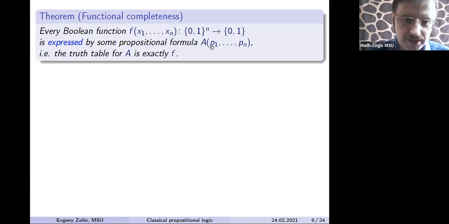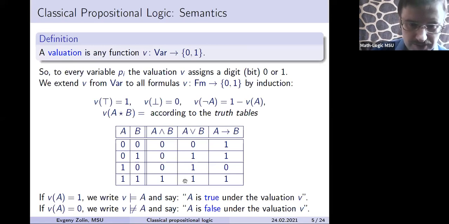This means that if we build the truth table for A, so all values for different values of P1, Pn, then we obtain exactly the function f. Of course, many different formulas may represent the same function. Even infinitely many formulas may represent the same function. So P or Q, Q or P have the same truth table, so they represent the same function from 0 and 1, namely this function.